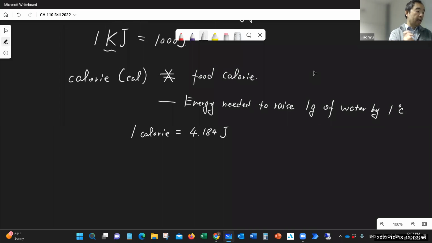The next one is the unit that we commonly know. It's called the food calorie, and this Calorie uses a capital C. We also call this a kcal.